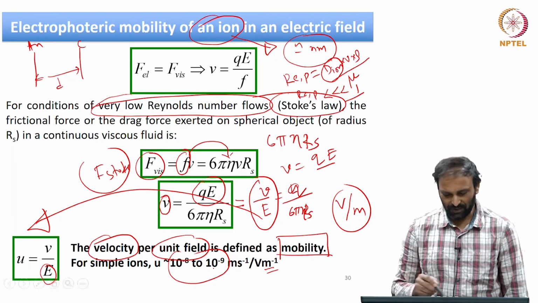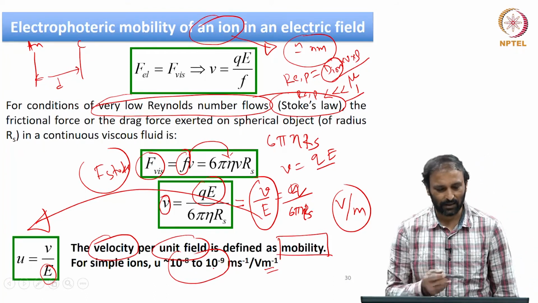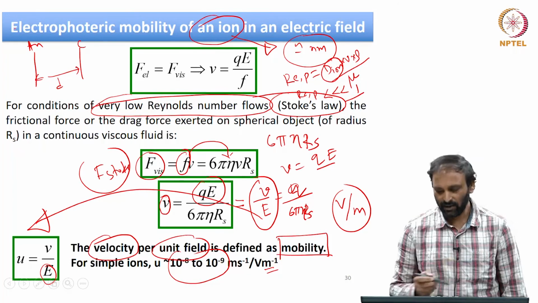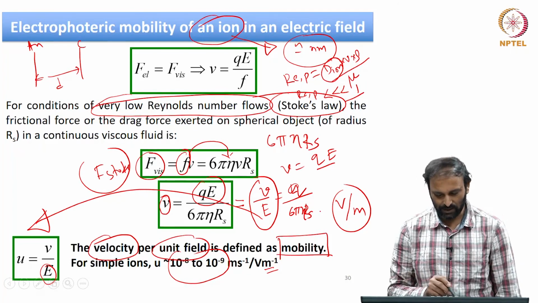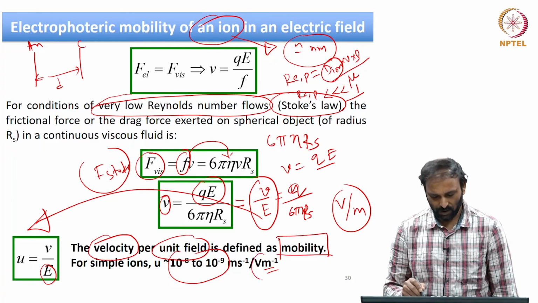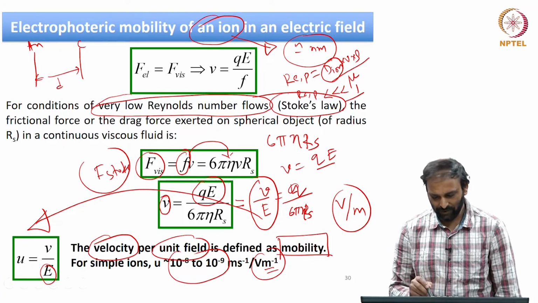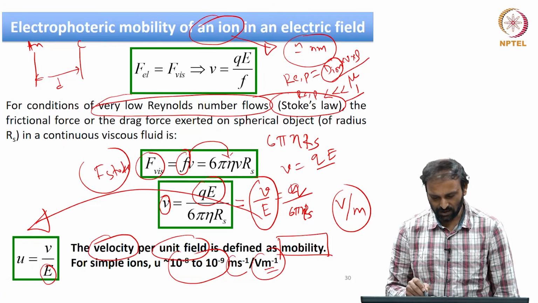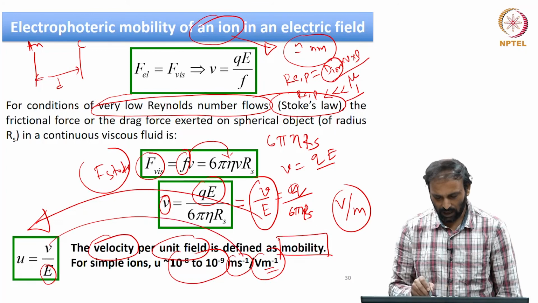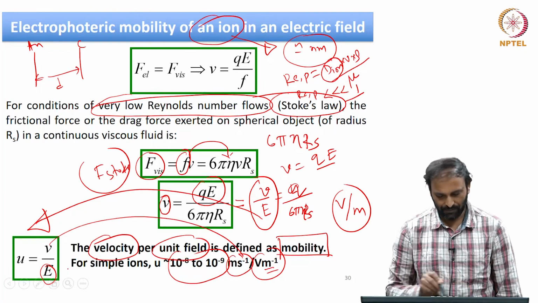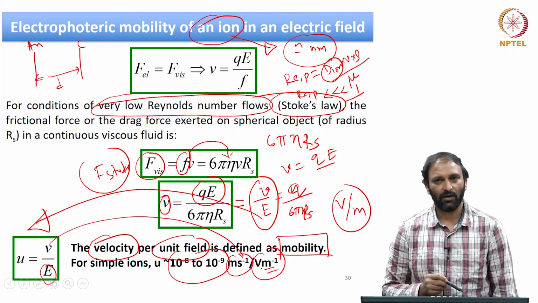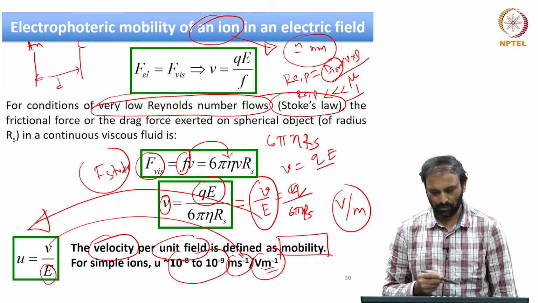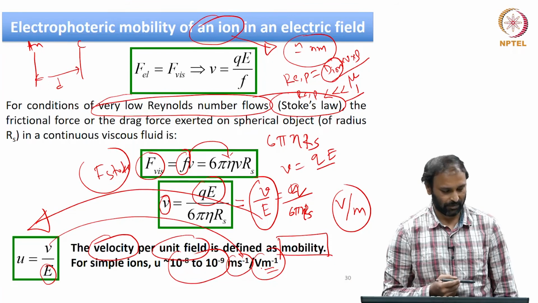Therefore, the strength of the electric field that is applied in an electrophoretic mobility experiment is typically expressed in terms of Joules per meter. Therefore, you will have units of meter inverse from the numerator, and E in Joules per meter, which is the unit in which the applied electric field is measured in electrophoretic mobility measurements.